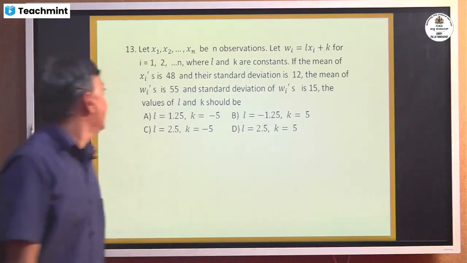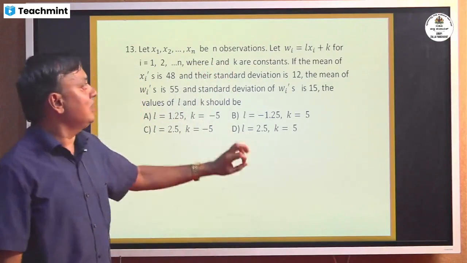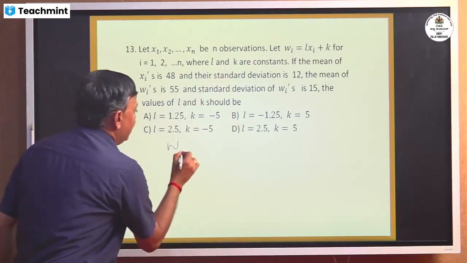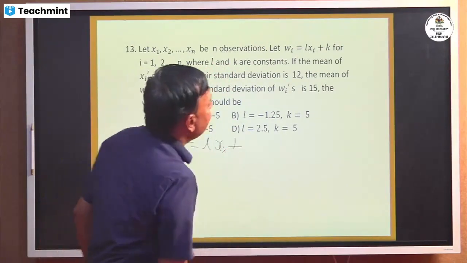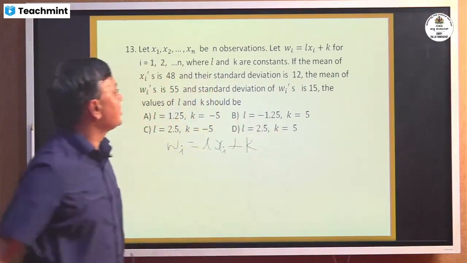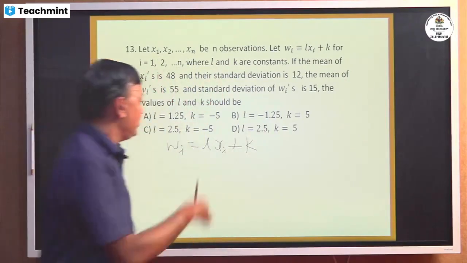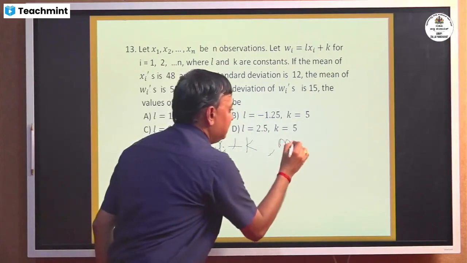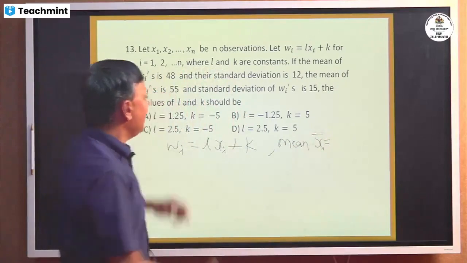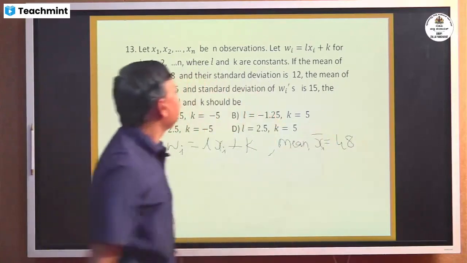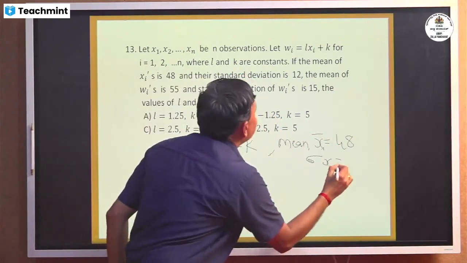Next one is: let x1, x2, up to xn be n observations, and here one equation is given, wi is equal to l xi plus k, where l and k are constants. The mean of xi, usually written x bar or xi bar, is 48 and the standard deviation of xi is 12.